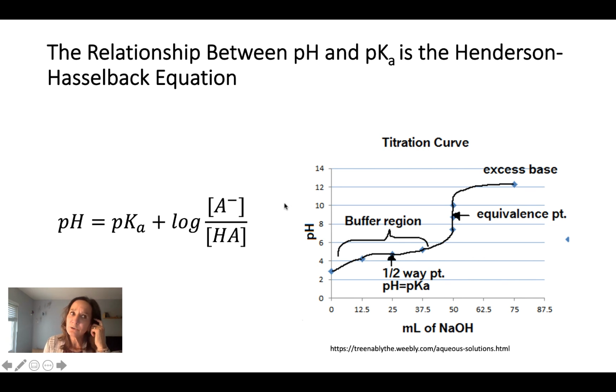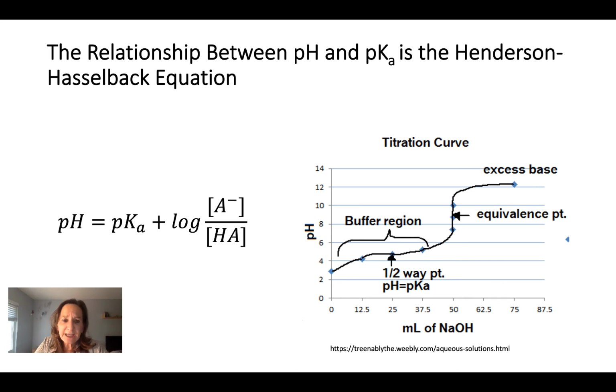Very, very powerful equation. This only works when we talk about buffers within this buffering region. Outside of this buffering region, when we hit this point here, the Henderson-Hasselbalch equation no longer applies.